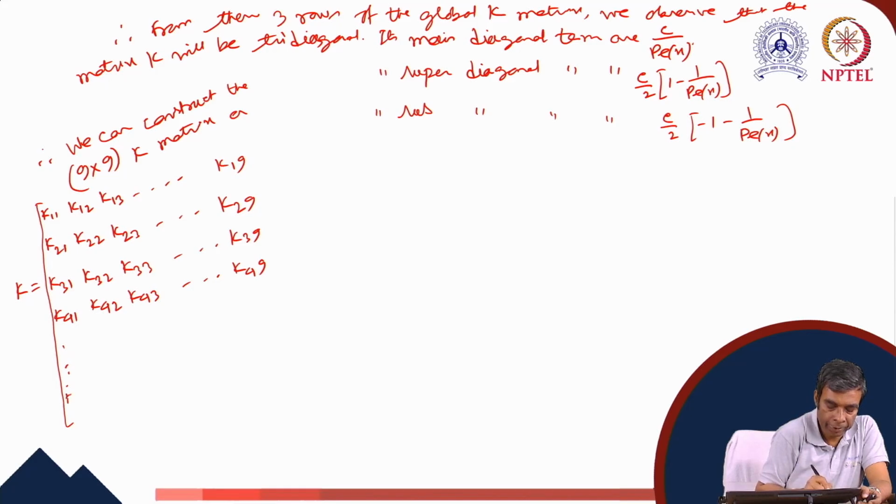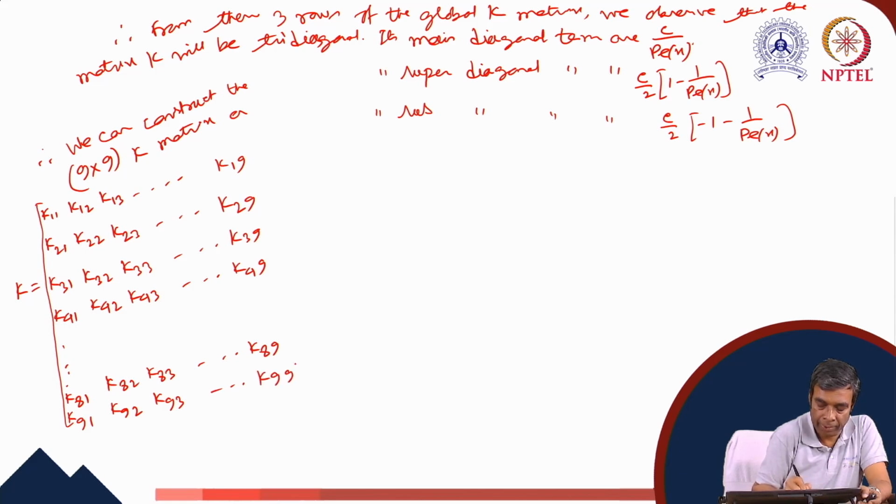Like that we get K81, K82, K83 up to K89, and finally the last equation, K91, K92, K93 up to K99.